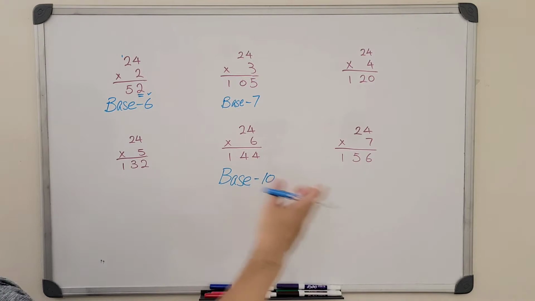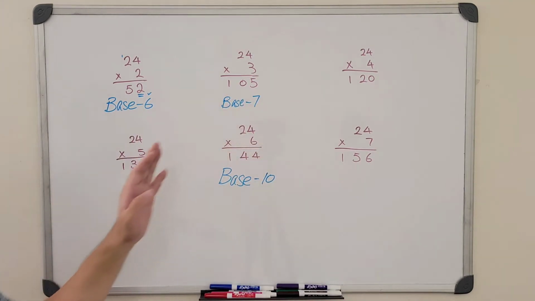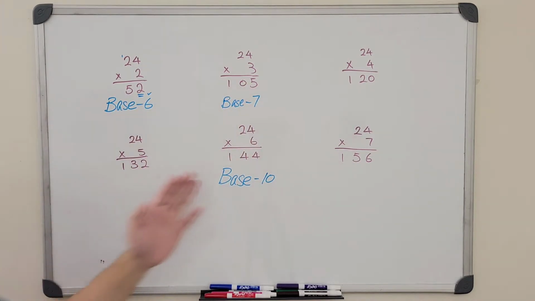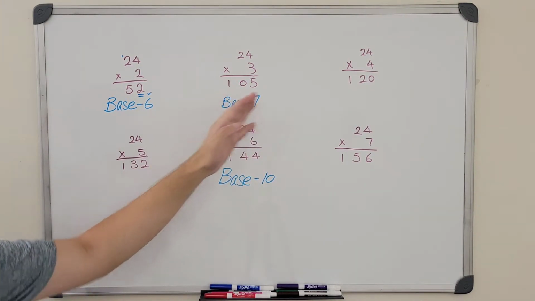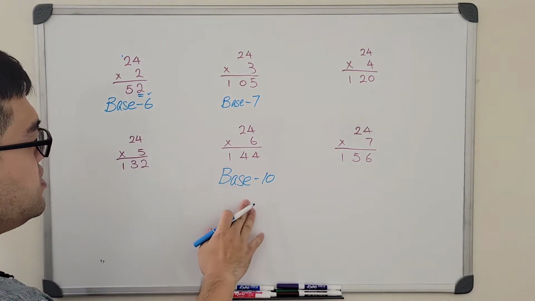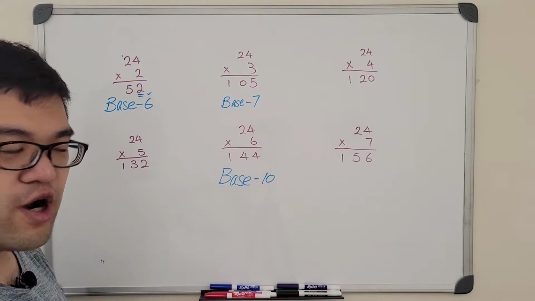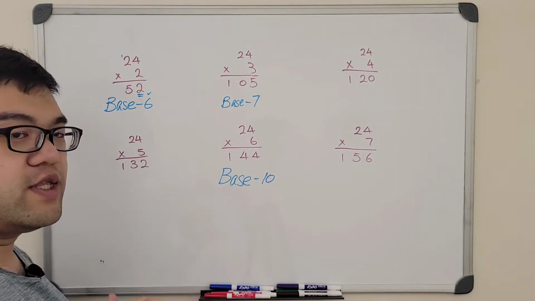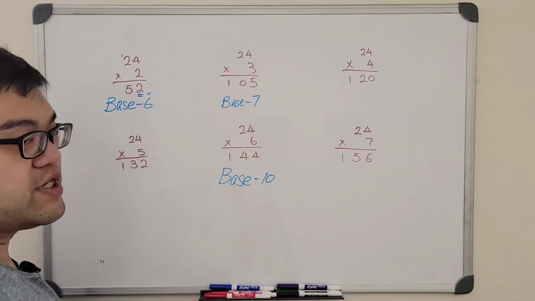Because this doesn't look like they're all in the same base, and when I made these, I tried to make it in increasing order. So we can see that this is base 6, 10, so we have 7, 8, and 9, probably. But of course, we need to check it and verify our answer is correct.